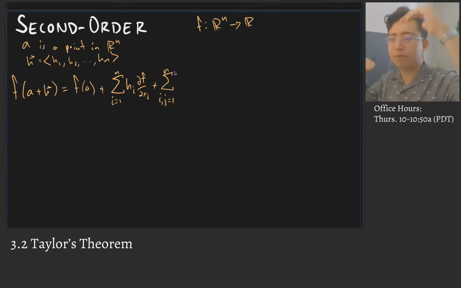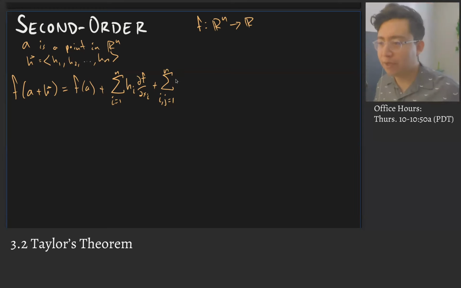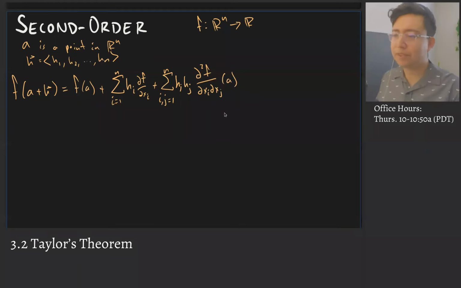They're both kind of balancing each other, and we'll see an example of this so we can get comfortable. Basically, we're going to have both h_i and h_j, and then d squared f over dx_i dx_j. I think it doesn't matter which order.